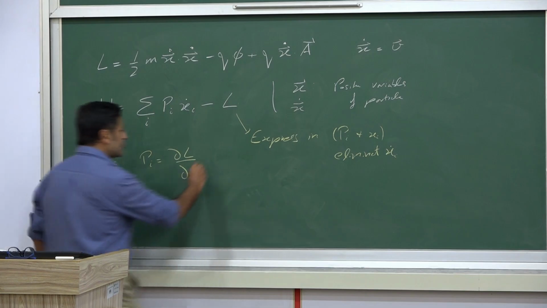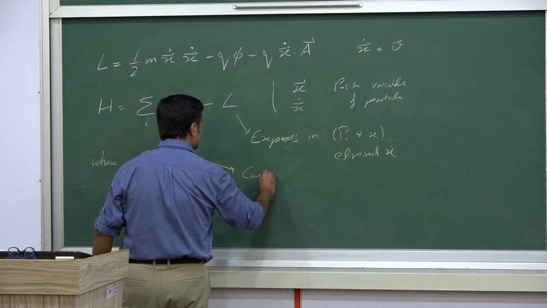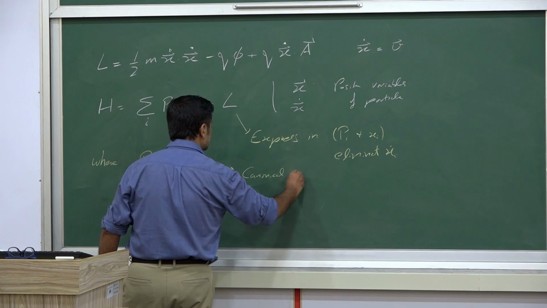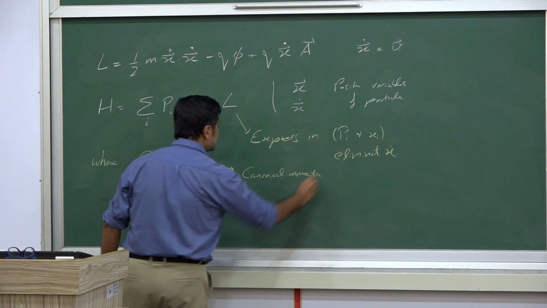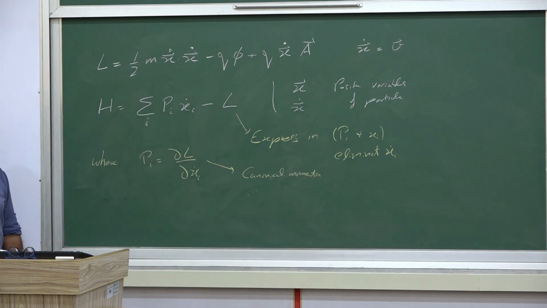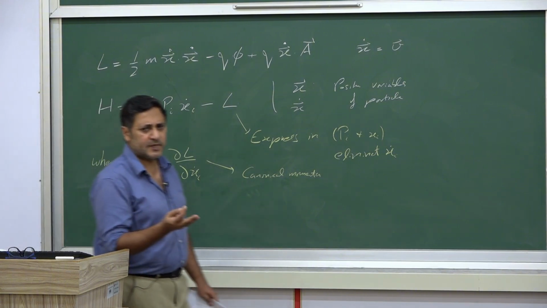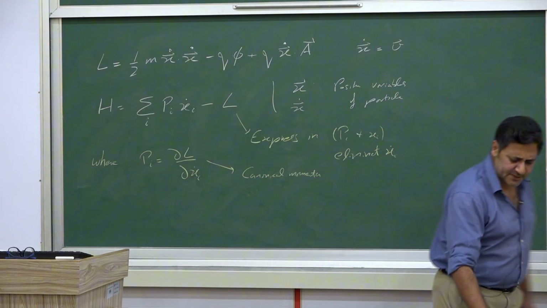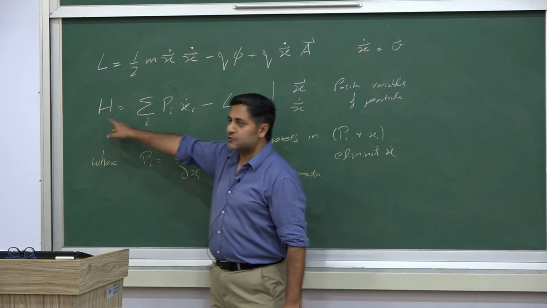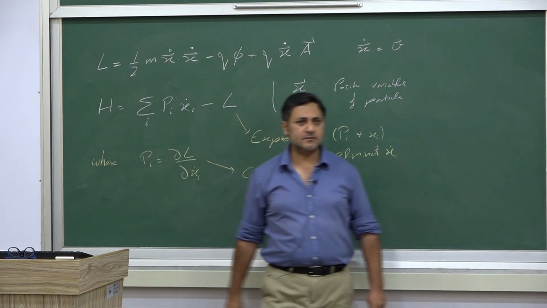They are called the canonical momenta. In the simple cases, these canonical momenta are your usual momentum, m times v. But this is the process to get a Hamiltonian from a Lagrangian.